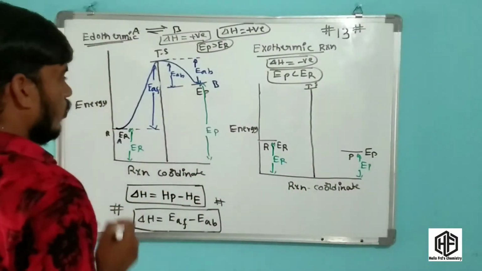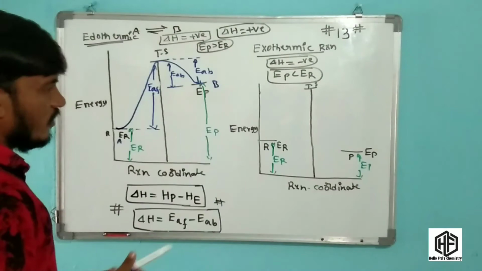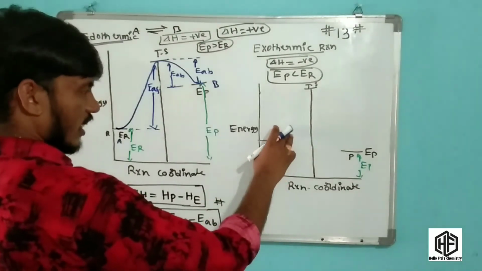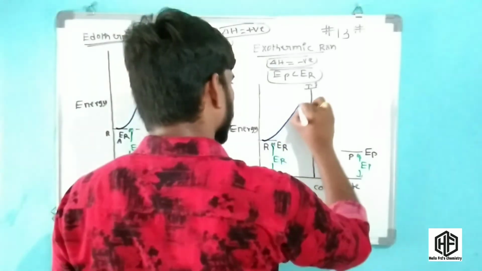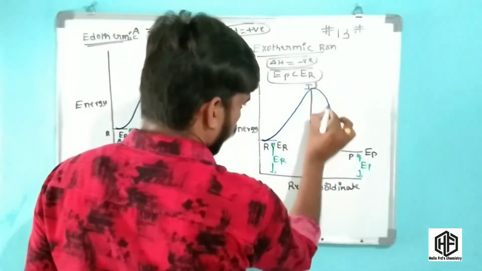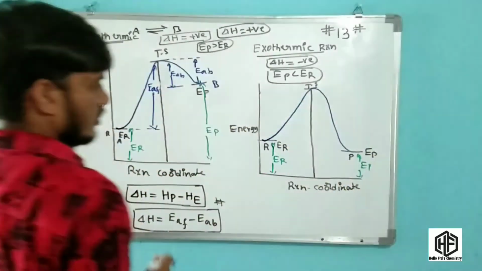Okay friends, now some amount of activation energy is required for the reactant to cross this transition state to form a product.